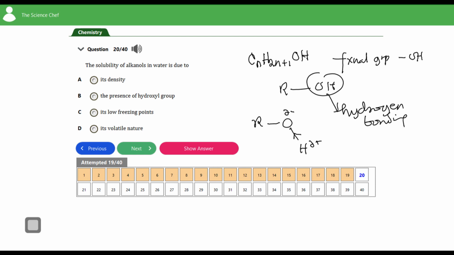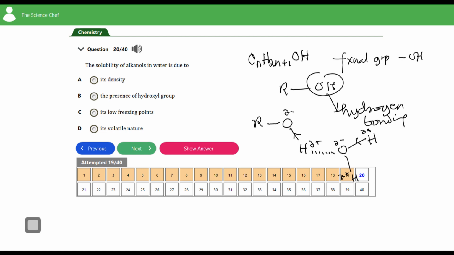Then when it comes in contact with water molecules that also have the OH bond, negative, positive, the positive end of the hydroxyl group in the alcohol will be attracted to the negative end of the water molecule through an electrostatic force, which is known as the hydrogen bond.